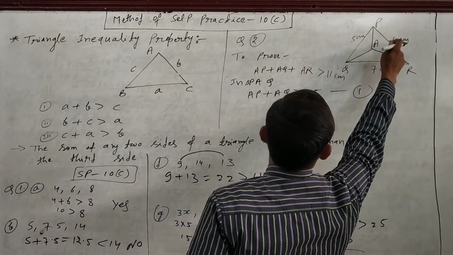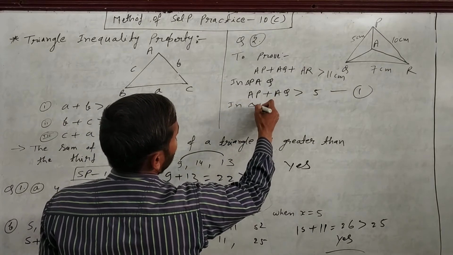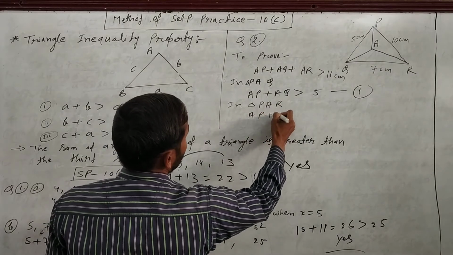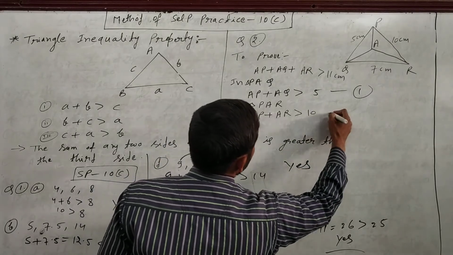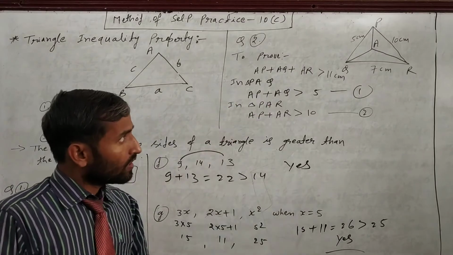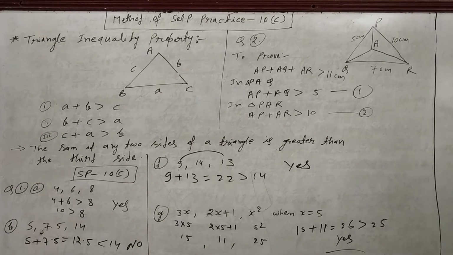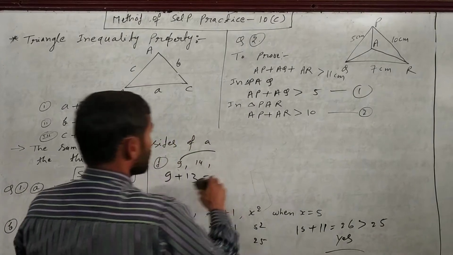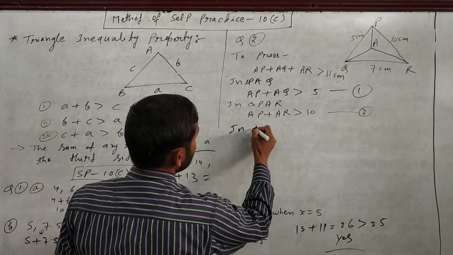Like that you have to use it in this triangle also. In triangle PAR, AP plus AR is greater than 10 centimeter. So it will be equation 2. Next one, in triangle QAR, again we will use the triangle inequality.